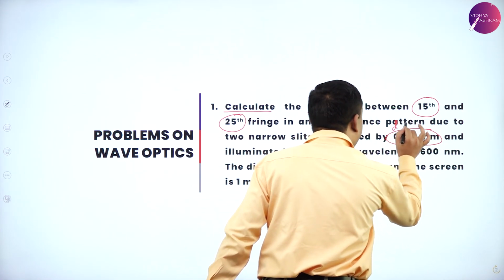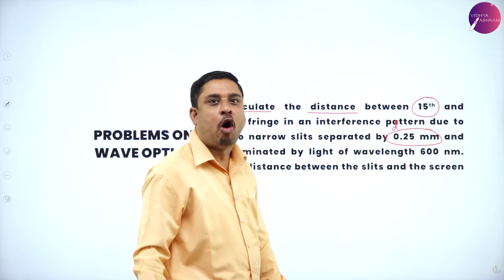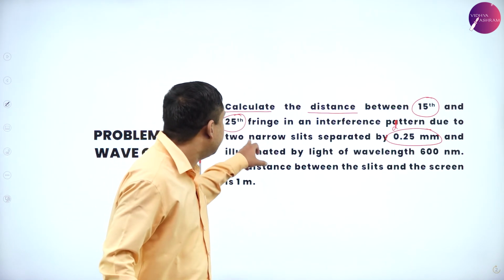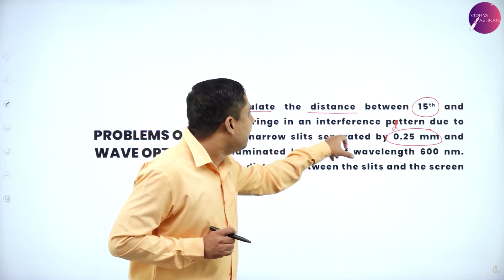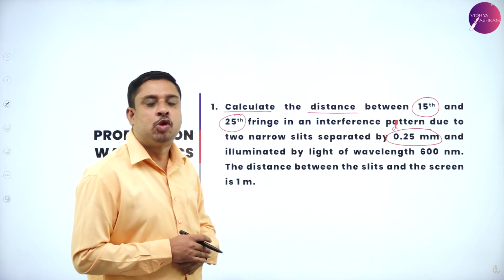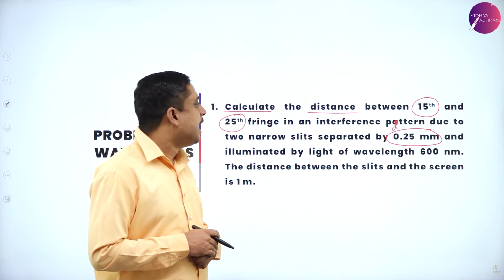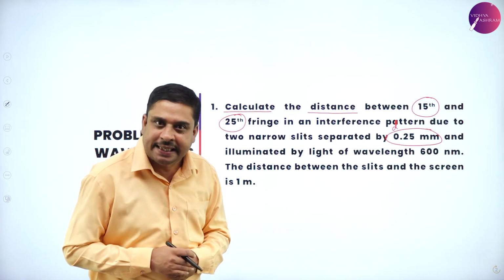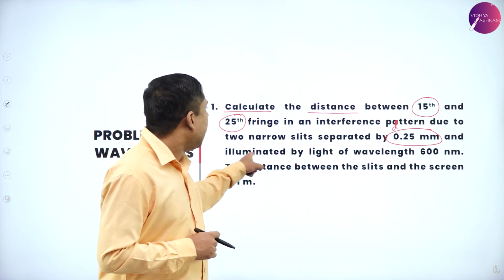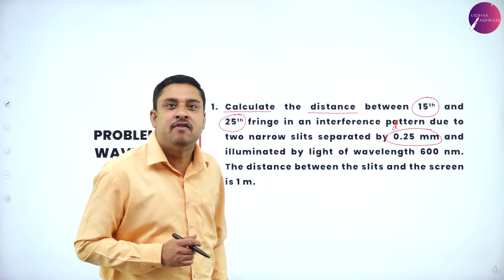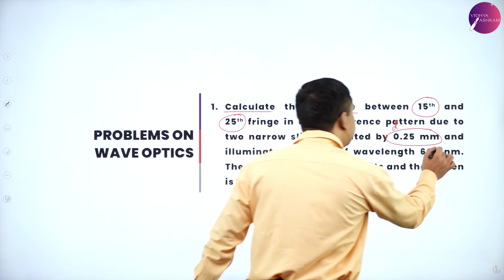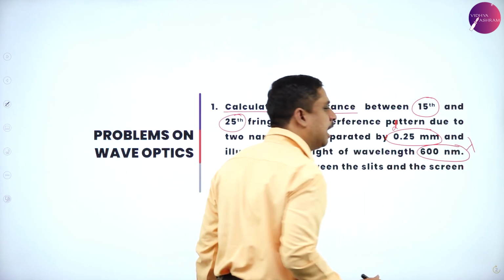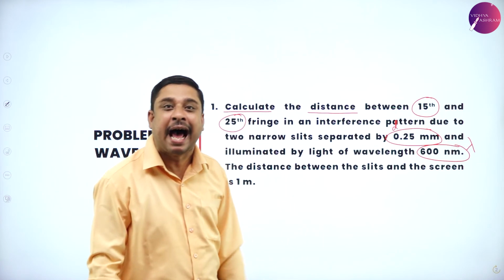separated by 0.25 millimeter. That is, the distance between the two slits is 0.25 millimeters, and the light of wavelength used is 600 nanometers, which is lambda.